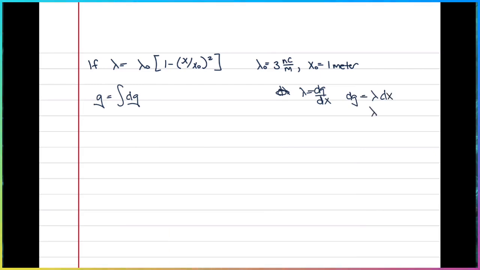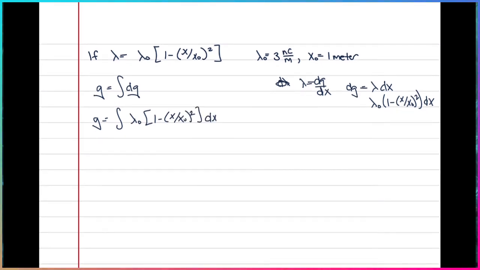And lambda in this case is lambda naught times (1 minus x over x naught) squared. And that's all with dx. So then it looks like Q is the integral of lambda naught times (1 minus x over x naught) all squared dx. And this is again a 1 meter rod, though I did not write that in the prompt, sorry. So going again from 0 to 1 meter.